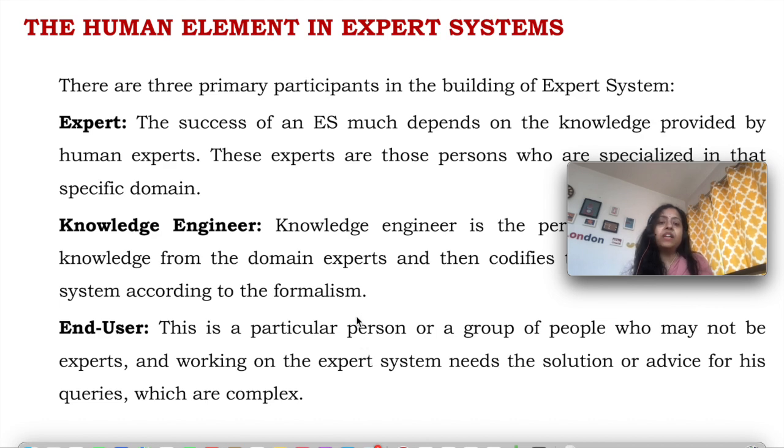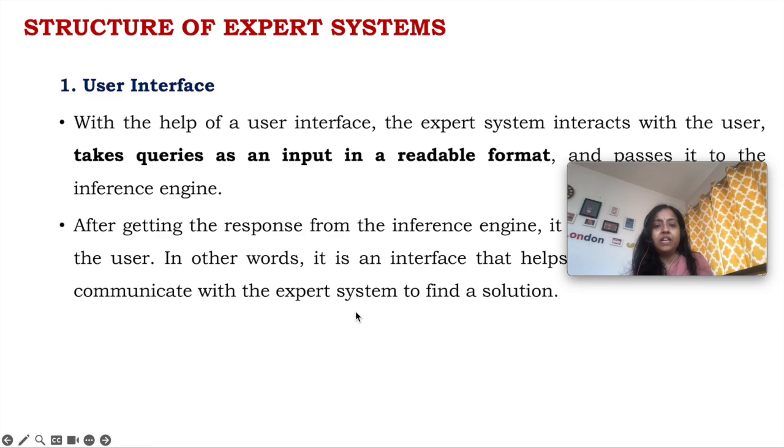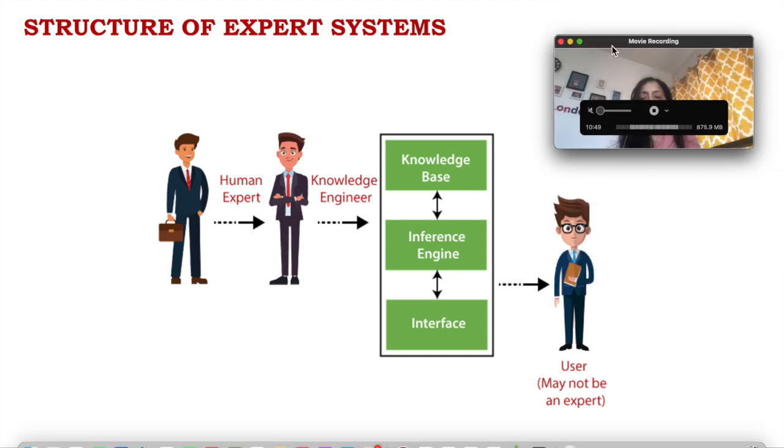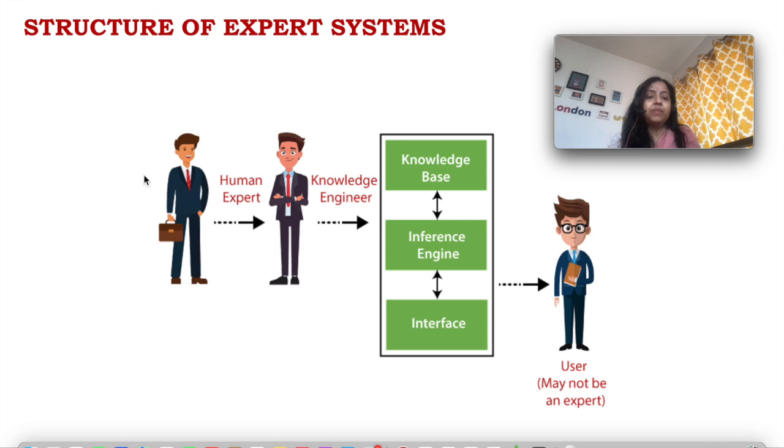Let us go back to the diagram once more and review it. So now we have learned about the human expert who transfers all his knowledge to the knowledge engineer, who codifies all the things and then puts them into the expert system.